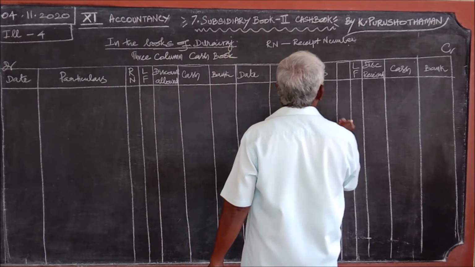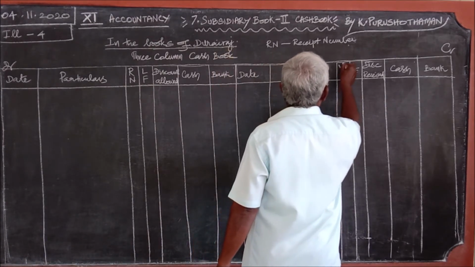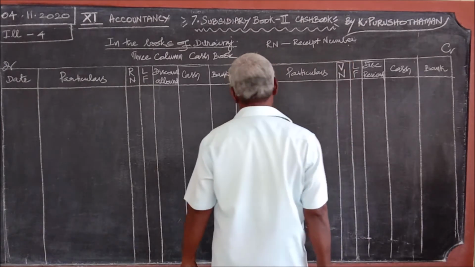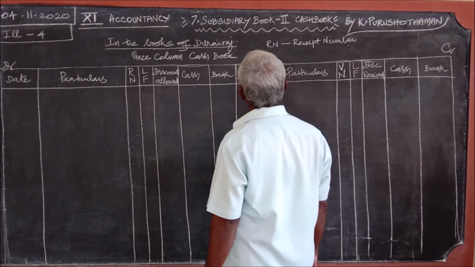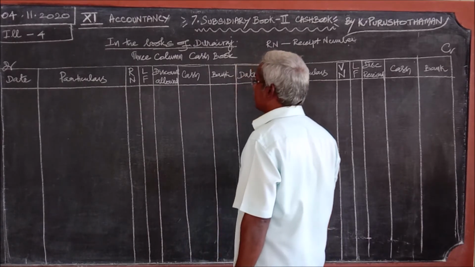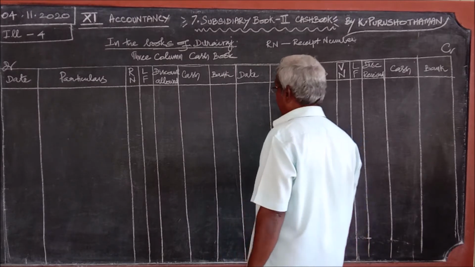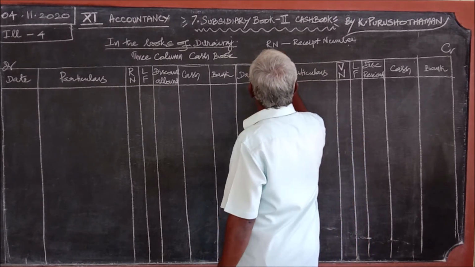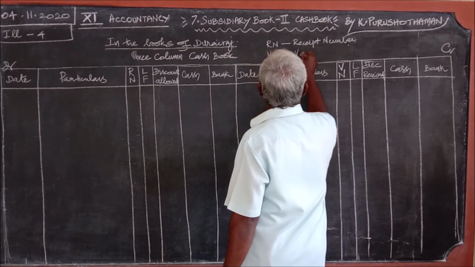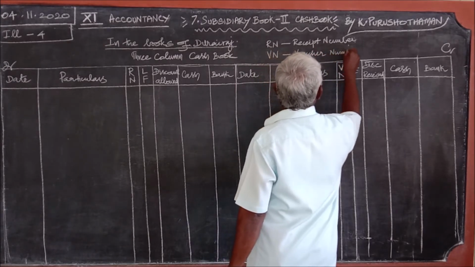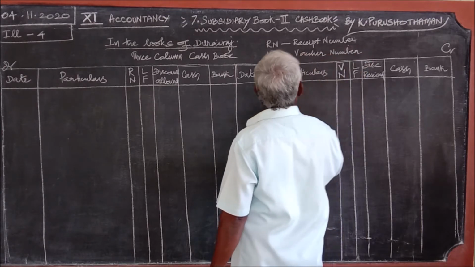Here we are paying the cash after receiving a bill which is called voucher, therefore voucher number. So these are all the 7 columns, each on debit side and credit side. Yes, these are the columns.